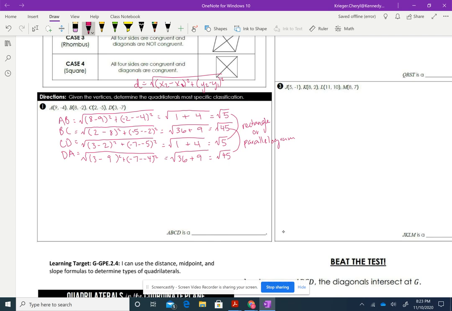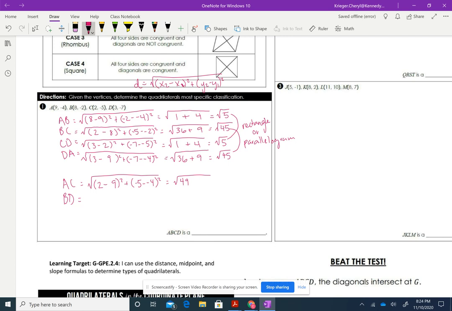So we do the distance formula 2 more times, check my diagonals, that's going to be AC and BD. Okay, so I set up my distance formula for AC, right? So AC is going to be 2 minus 9 squared and negative 5 minus negative 4 squared, which leaves me with 49, right? 2 minus 9 is negative 7.